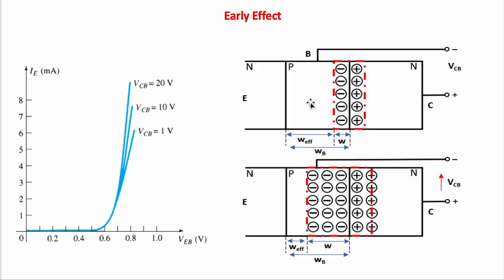So therefore, the effective width of the base region is symbolized as W_B, the whole region is W_B, and the depletion region inside the base region is just W. When the output voltage, which is VCB, is increased, it becomes more positive, and the free electrons over here will be attracted more to this side.